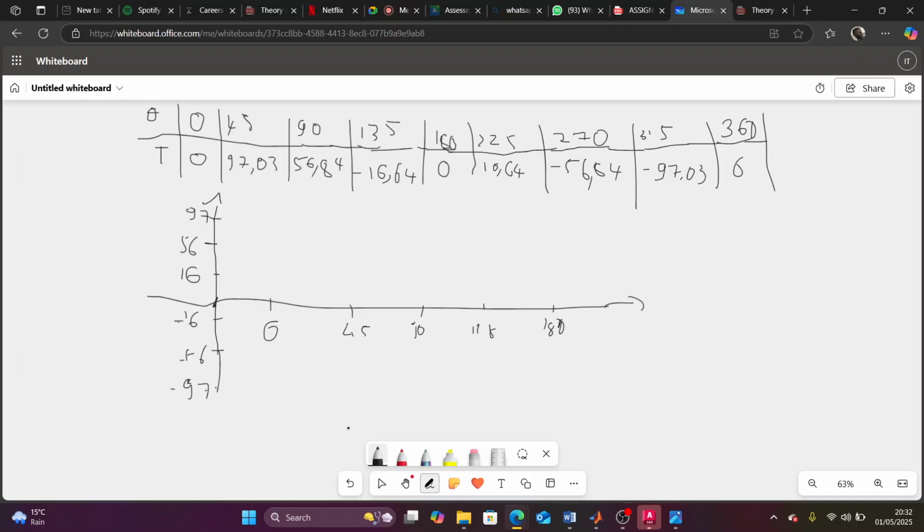Are we together? I'll put it in the red color. 45. Oh, what did I do? Hey, I lied to you here. Let me write it like this. It's fine. Let me put 45 here. Let me put 90 here.